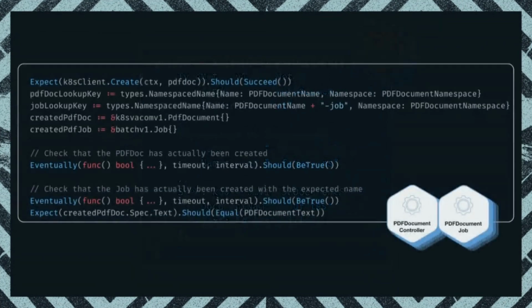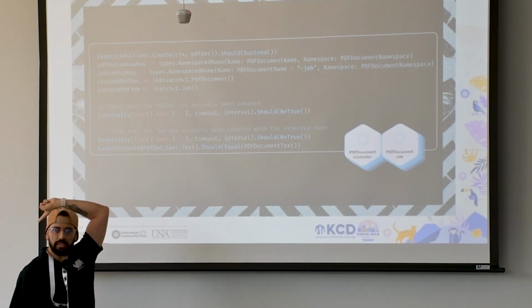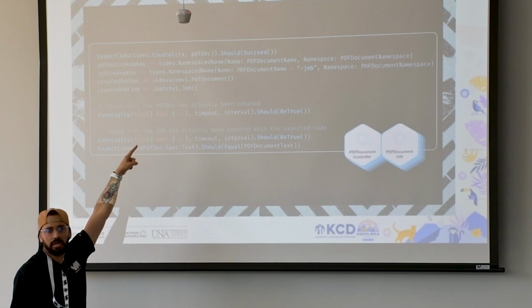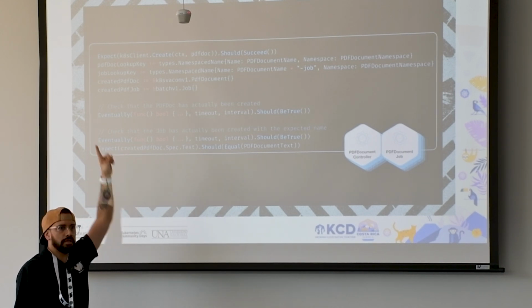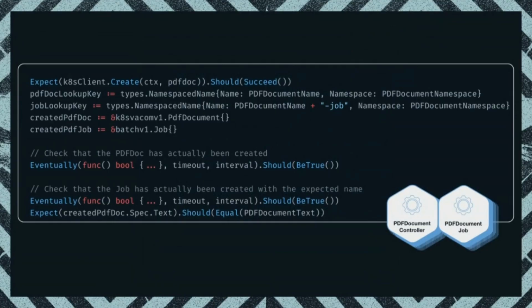Perfect. Moving on. We have the other two components that we needed to design, and this is the code that designs the implementation for the PDF controller and the PDF job. Here we're expecting that when the PDF doc that we just defined in the previous slide is used to create the resource, it should succeed.